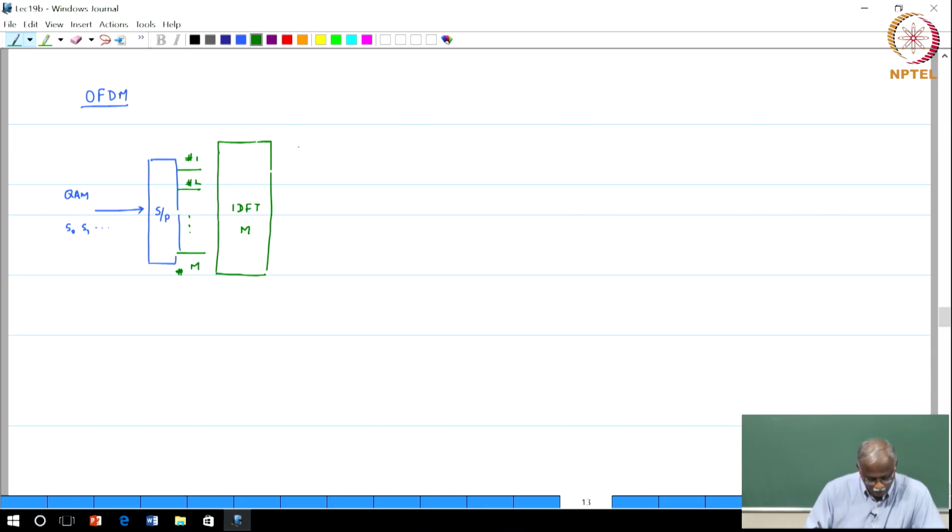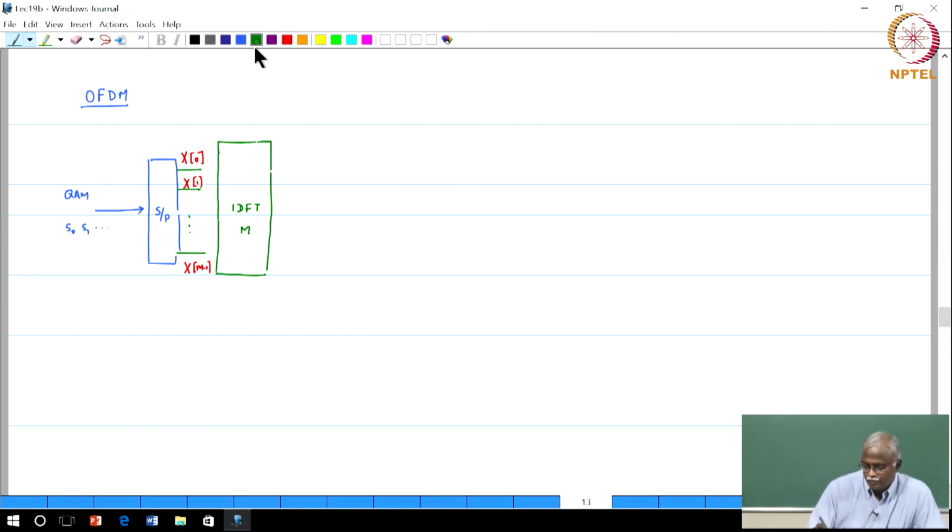Now, let me just label these signals. I think maybe the convention that you would have used, let me just use the same convention. You probably would have labeled these signals as uppercase X of 0, this one as uppercase X of 1, this as uppercase X of m minus 1.